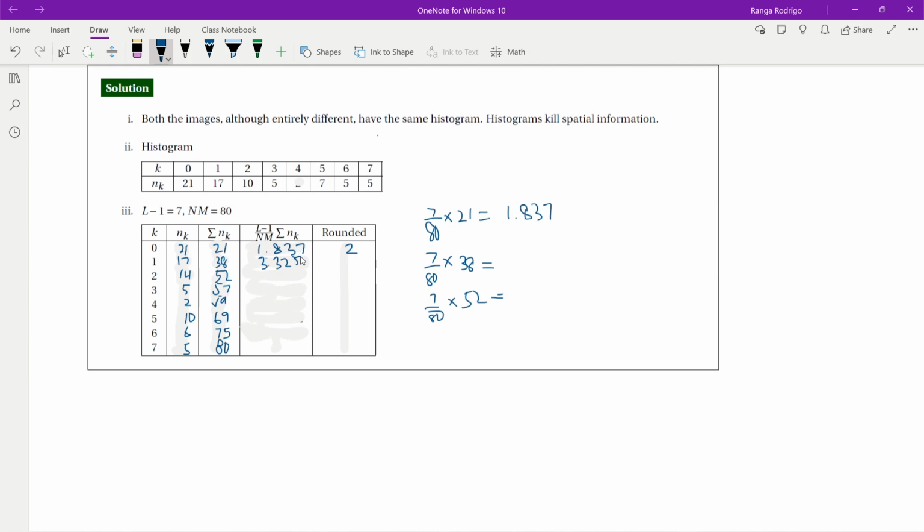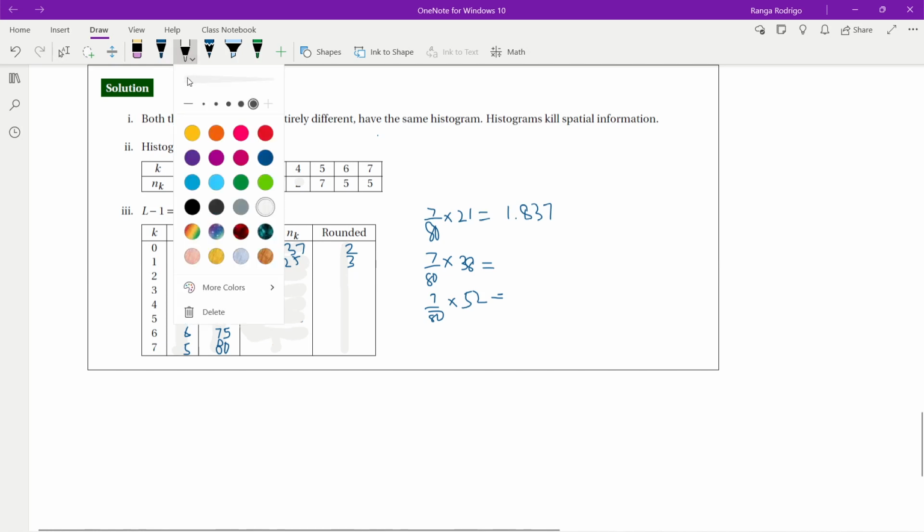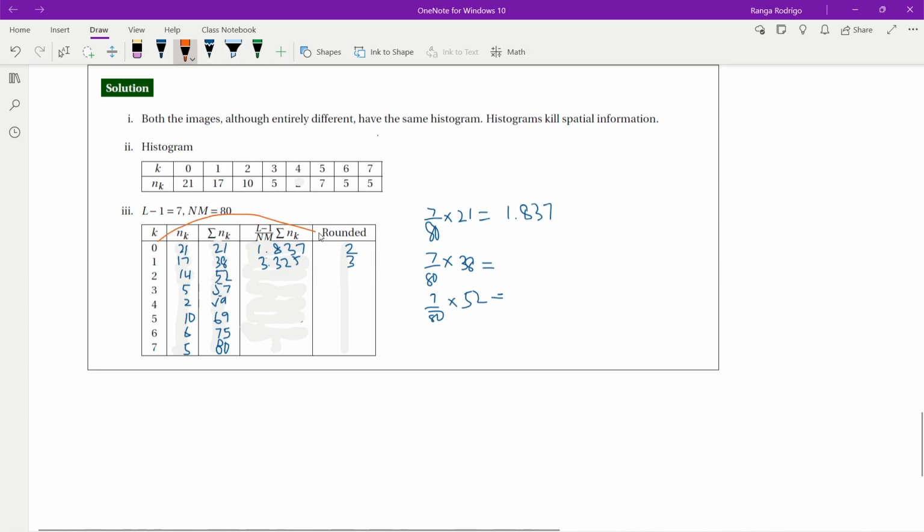So when you round it, you get 3. So what does this mean? What it means is, when you have an input intensity of 0, you map it to 2. If you have an input intensity of 1, you map it to 3.